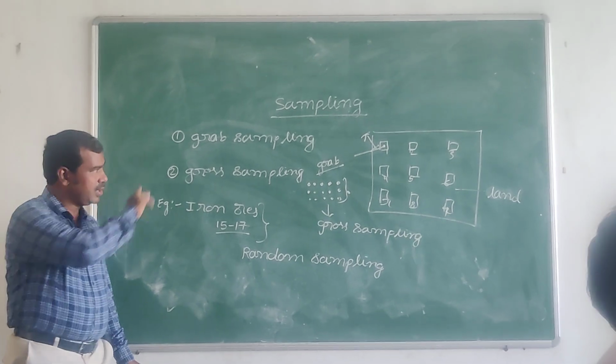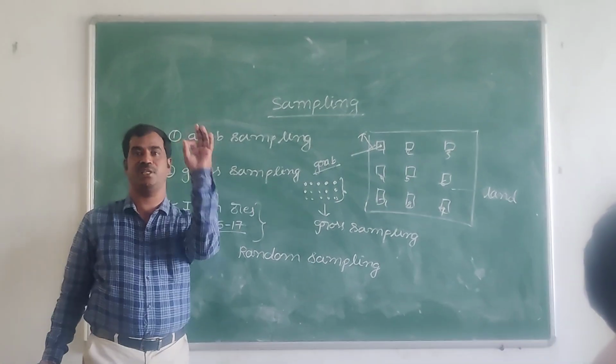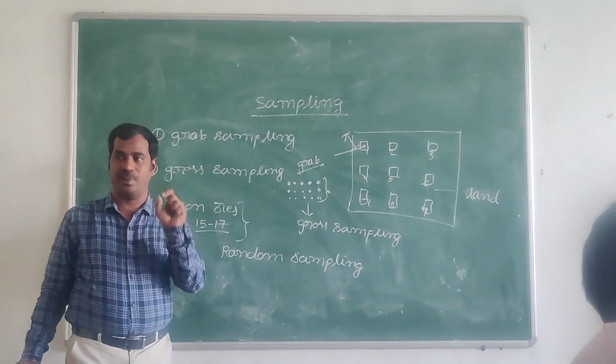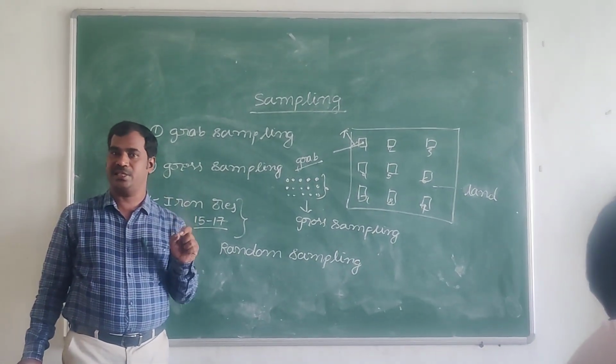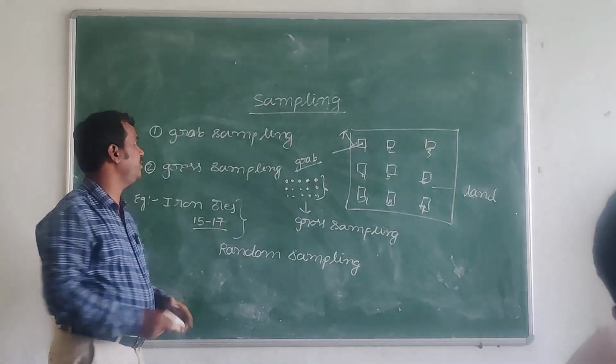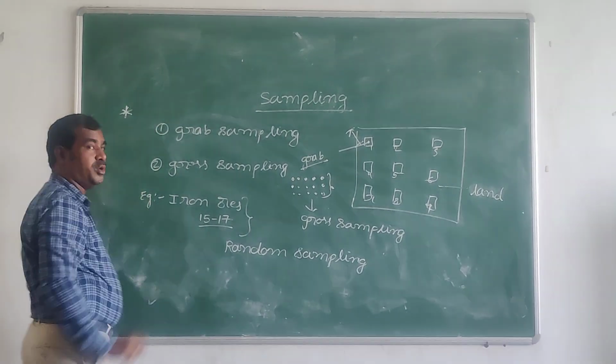Okay. So all these are okay. But as per the first definition, what is the definition? Extraction of a small quantity of material from a large quantity, where the result indicates the whole material. When it is possible, that is very, very important for sampling.